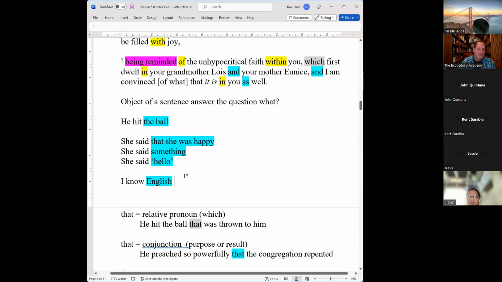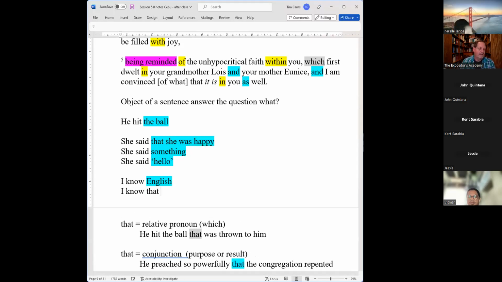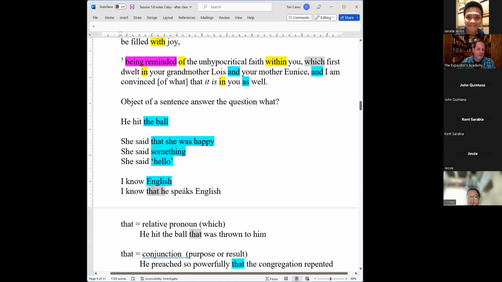Now, typically when you see that, it introduces a clause that's part of the object. I could have said, I know that he speaks English. Again, notice we have the word that, and that he speaks English is the object of know. It's describing, I know what? I know that he speaks English. I know what? I know English.